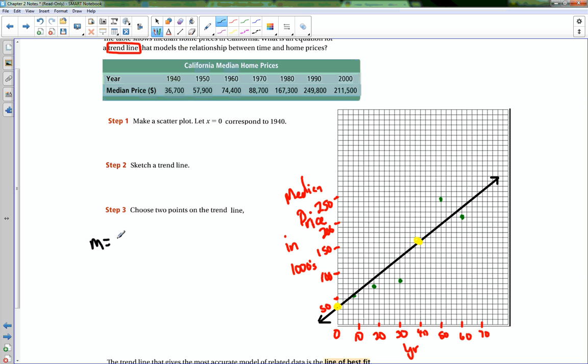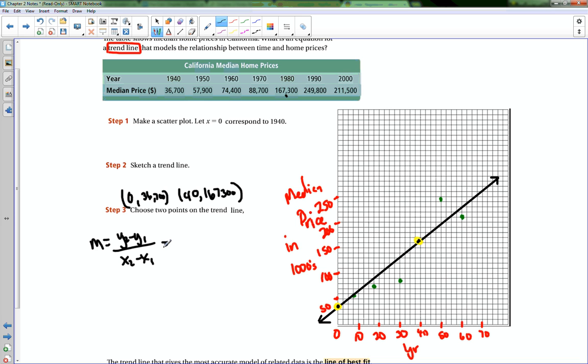So the slope is y2 minus y1 over x2 minus x1. And this coordinate here is at 0, 36,700. And then this coordinate right here is at my 40, so 10, 20, 30, 40. It's 40, 167,300.